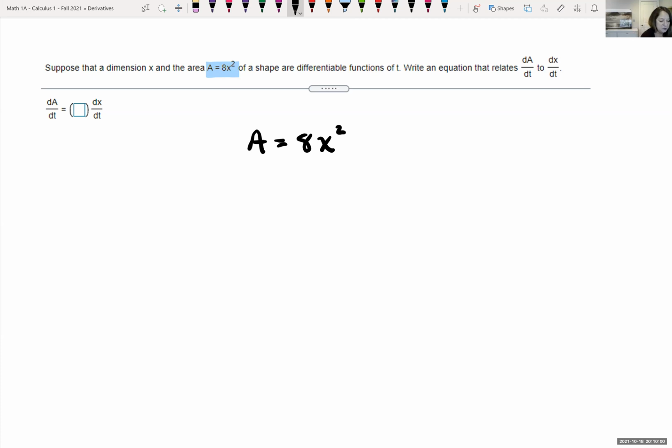And so if this helps you, for right now, let's write this as A of t equals 8 times x, where x is a function of t, so x of t, quantity squared. And so when we take the derivative of both sides, I'm just going to denote that.